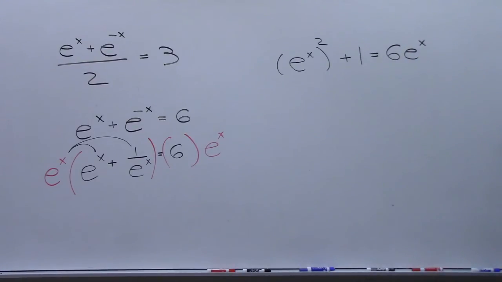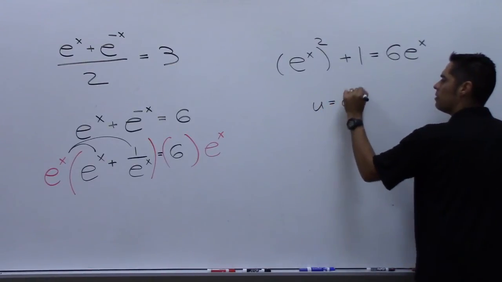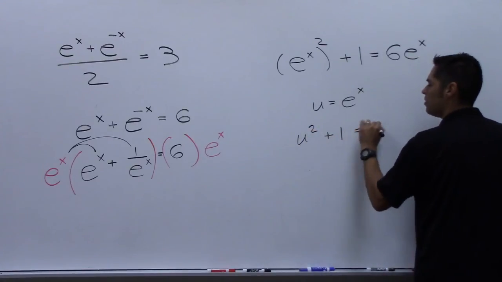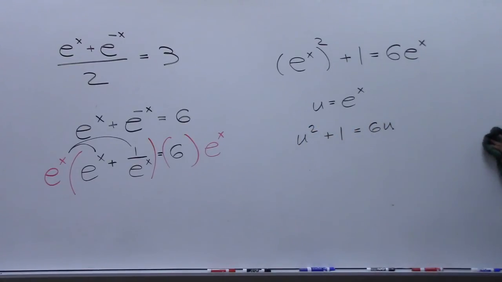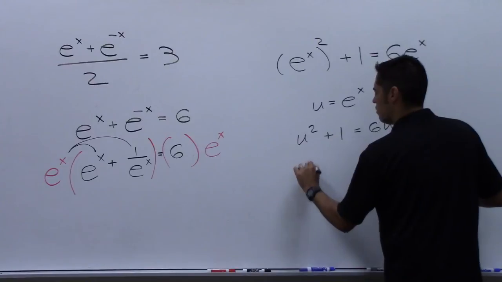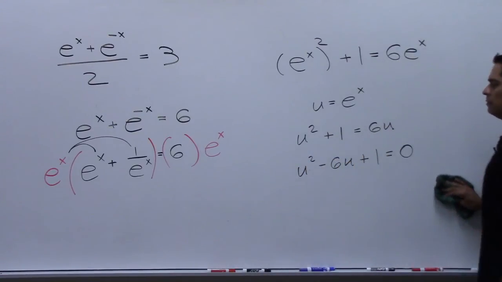Now you have a quadratic. Let u be e to the x, which would be u squared plus 1 equals 6u. Bring everything to one side. u squared minus 6u plus 1 equals 0.